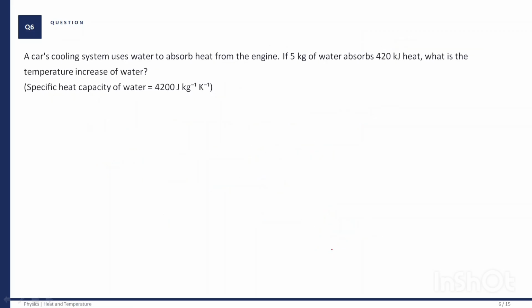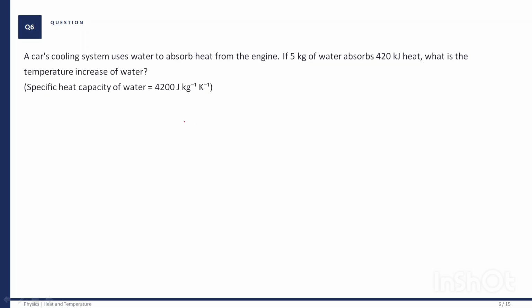This is the next question. My dear students, pause the video and try to solve it. A car's cooling system uses water to absorb heat from the engine. If 5 kg of water absorbs 420 kilojoule heat, what is the temperature increase of water? Specific heat capacity of water is 4200 joule per kg Kelvin.